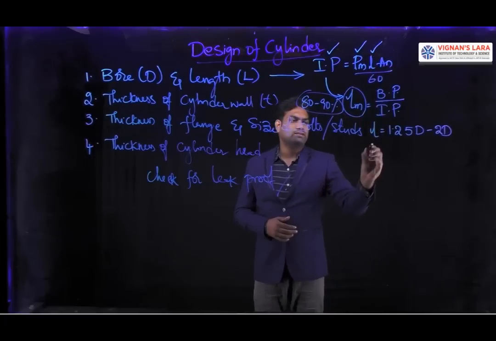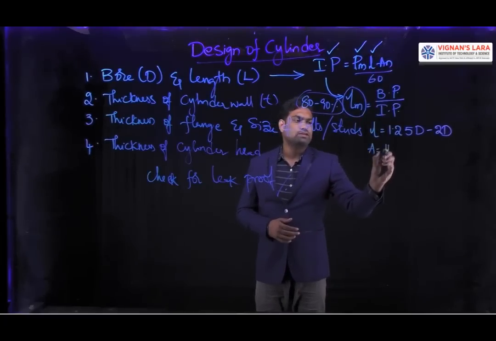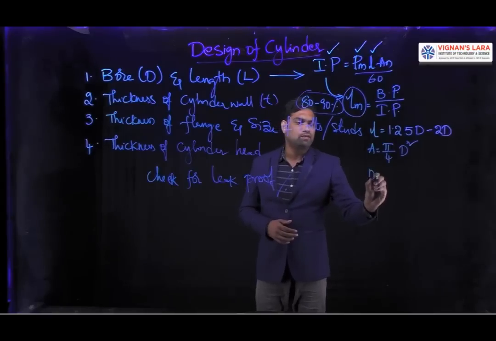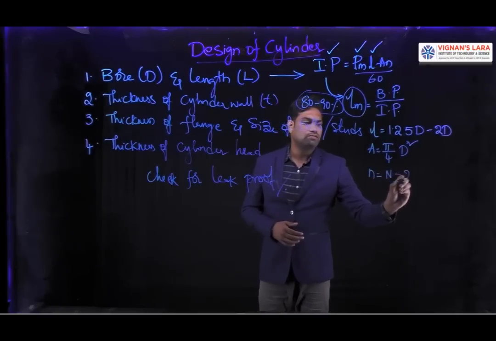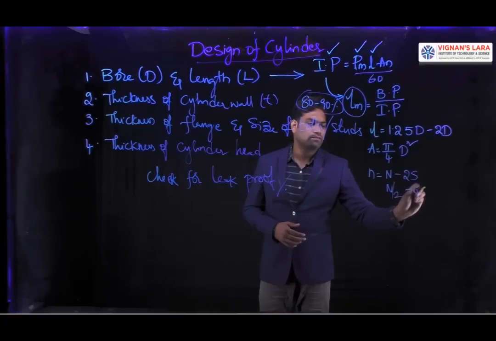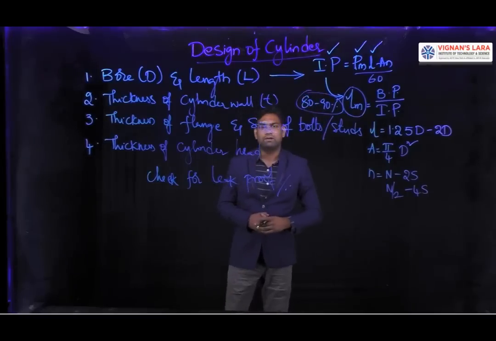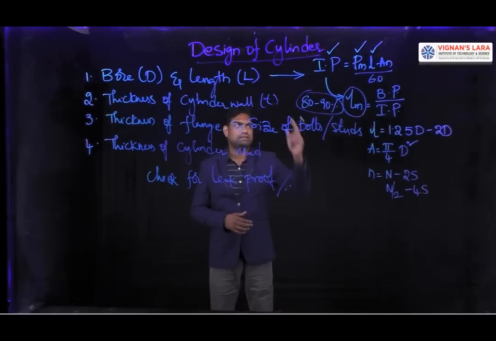And the area, capital A, is the cross section area of cylinder, pi by 4 D square, and N is number of power strokes, that is equal to N for 2-stroke engine, and N by 2 for 4-stroke engine. Clear? By substituting all the values in the indicated power, we can calculate the cylinder bore.